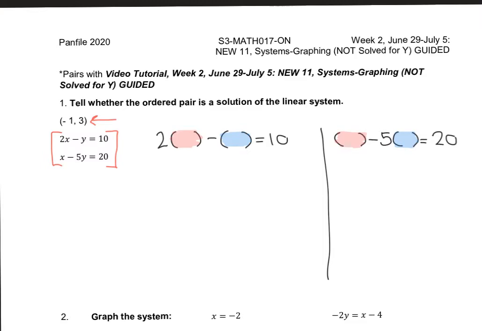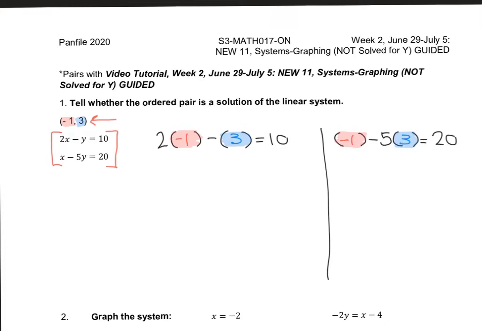And then I am going to plug in the x and the y in each of the places where they belong in our equation. So every time I saw an x, I'm going to replace it with a -1. And each time I saw a y, I'm going to replace it with a 3.